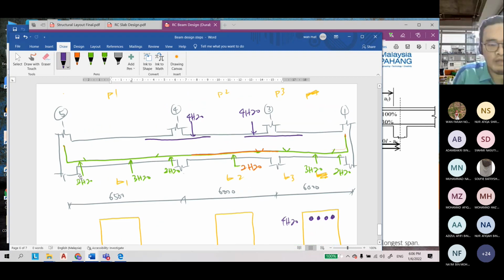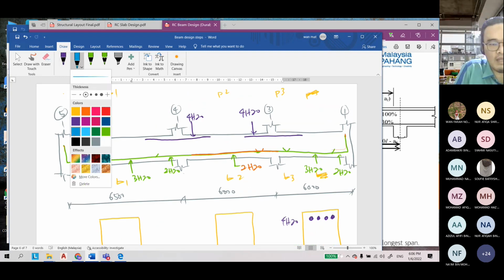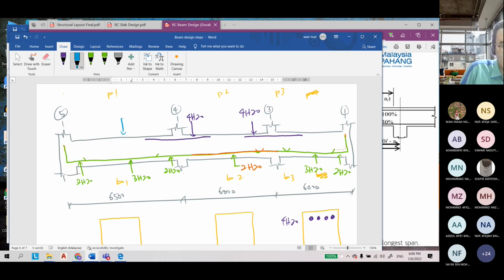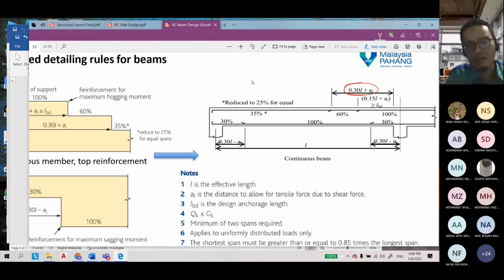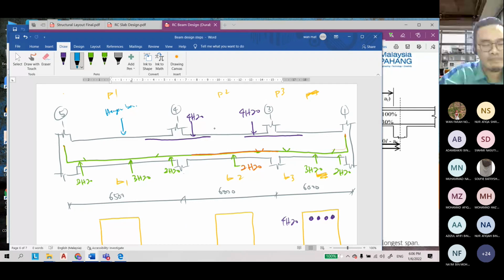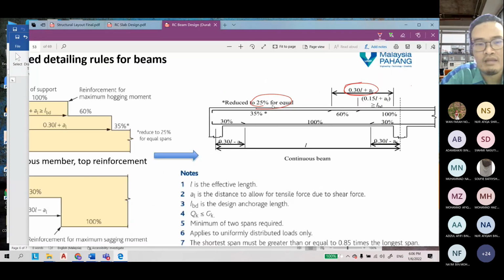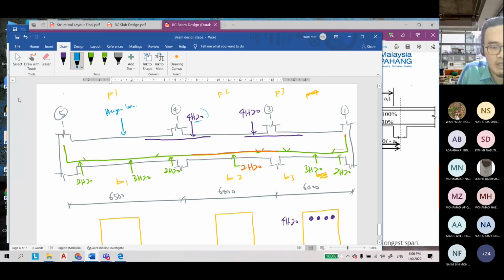Okay, so for here we call as, okay, for hanger bar, the rules is here, at least reduce to 20% or equal. 20% of tadilah 20% of 4H20 ni. 25%, sorry, okay, this one. 25%.